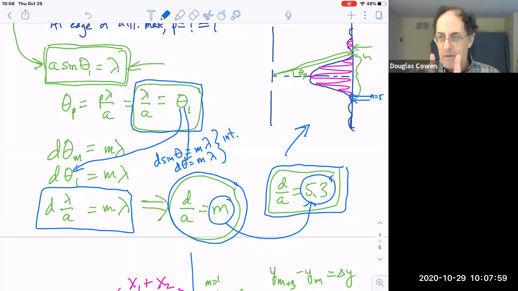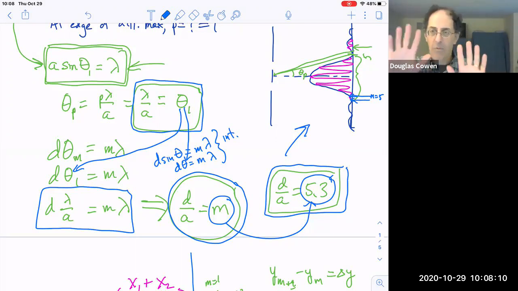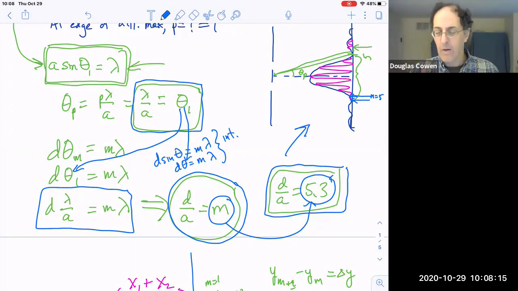The m equals 1 interference fringes, there are two of them, one on either side of the central max. So if you go out to m equals 5, you'll have 5 fringes on one side, 5 on the other, plus the central max. So 5 plus 5 plus 1 gives you 11. That's how many fringes will fit underneath the central diffraction maximum if the first diffraction dark fringe is out at m equals 5.3.